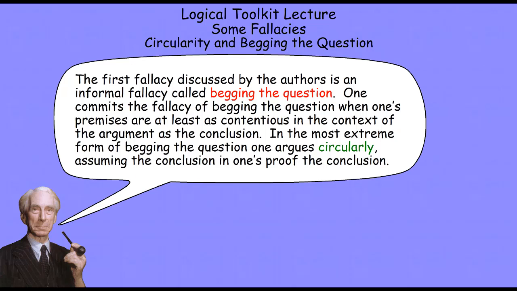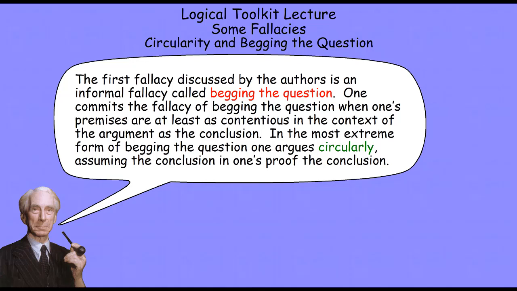It's an informal fallacy, and you commit the fallacy of begging the question when the premises you use to try and establish your conclusion are at least as contentious in the context of the argument as the conclusion itself. So you're trying to establish some conclusion, and the reasons that you give are just as in need of reasons or of evidence as the conclusion itself, and hence can't really support the conclusion.